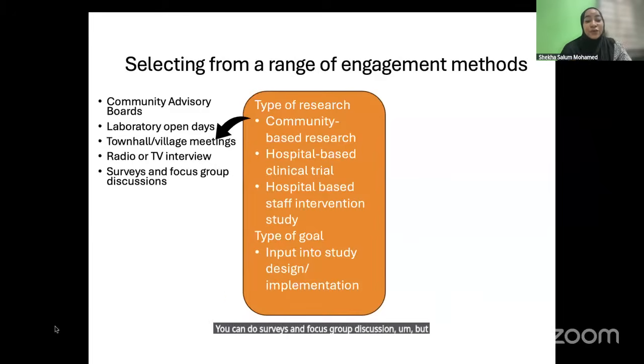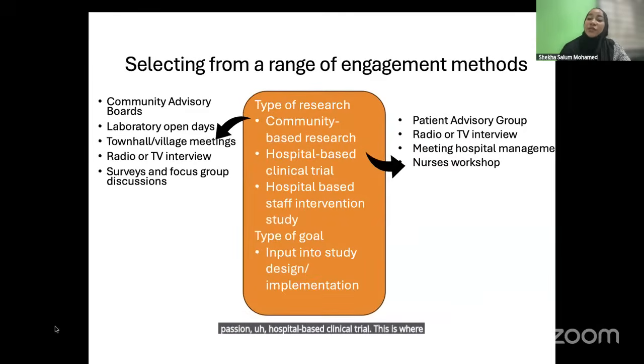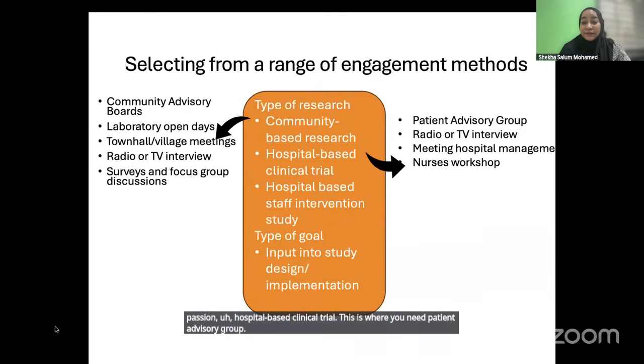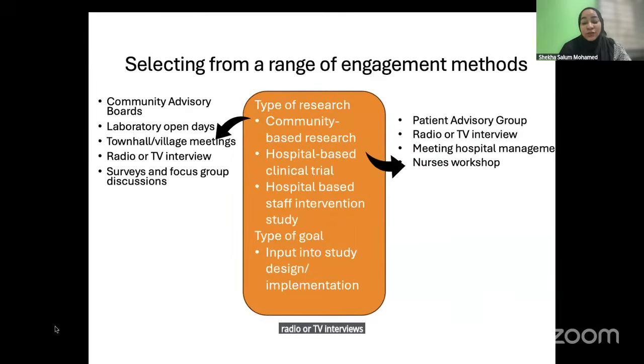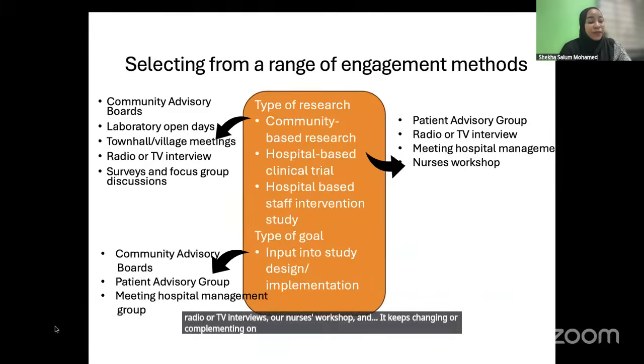But it could be different for another study, such as a hospital-based clinical trial. This is where you need a patient advisory group, radio or TV interviews, or nurses' workshops, and it keeps changing or complementing on another study.